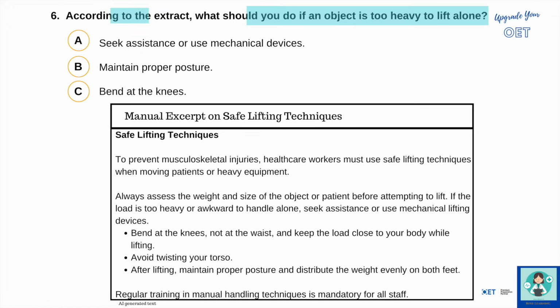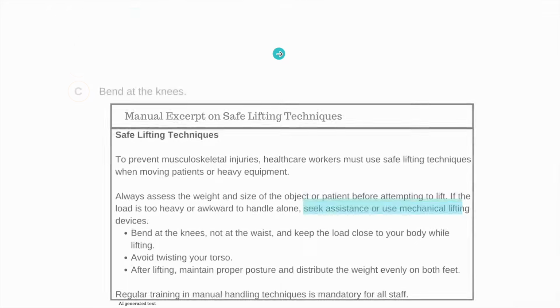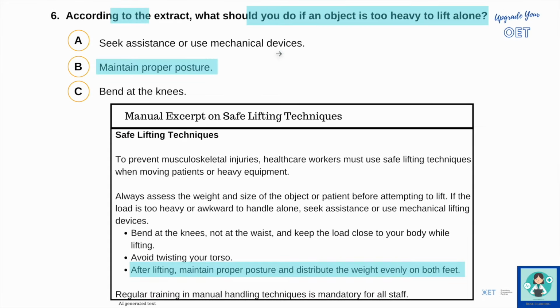Number 6, according to the extract, what should you do if an object is too heavy to lift alone? So we're talking here about patients and equipment, not just patients alone. Seek assistance or use mechanical lifting devices. So that's kind of obvious, but we just double check the other ones.